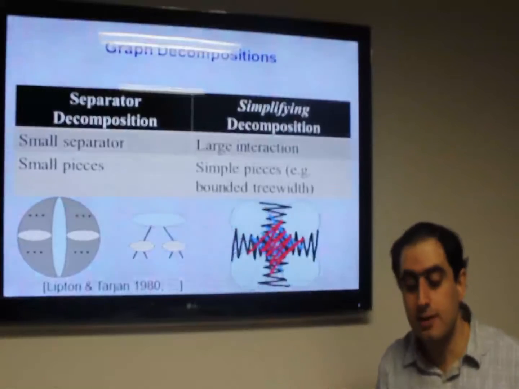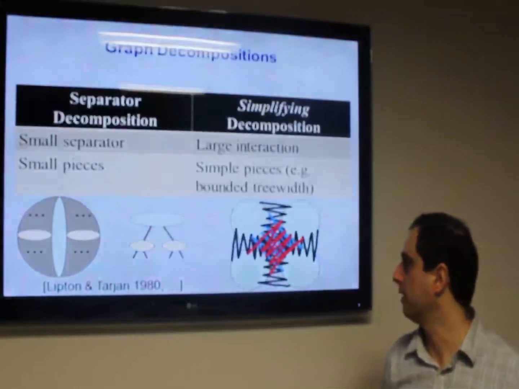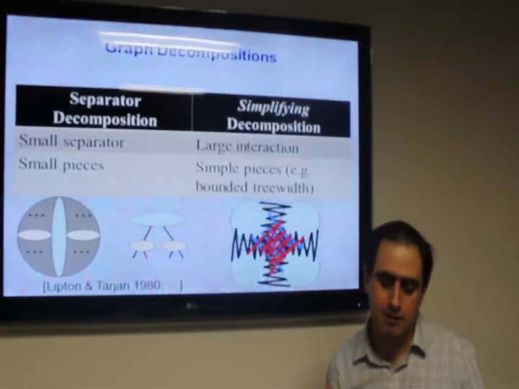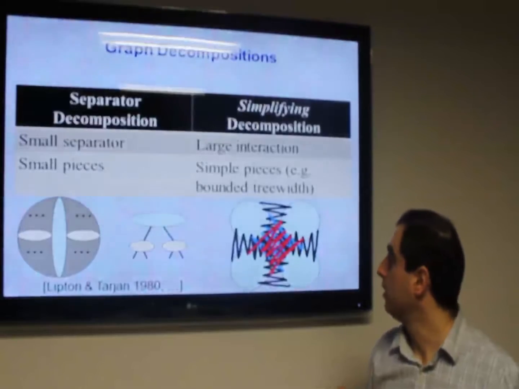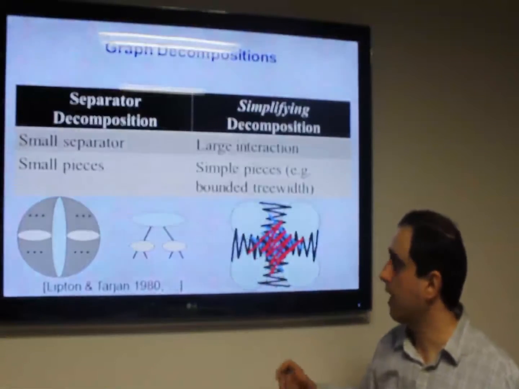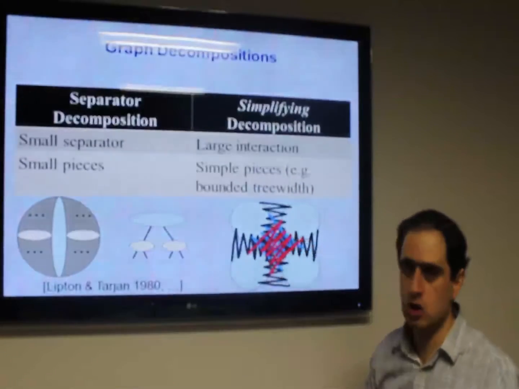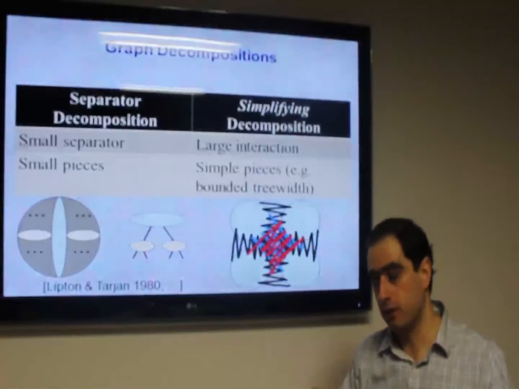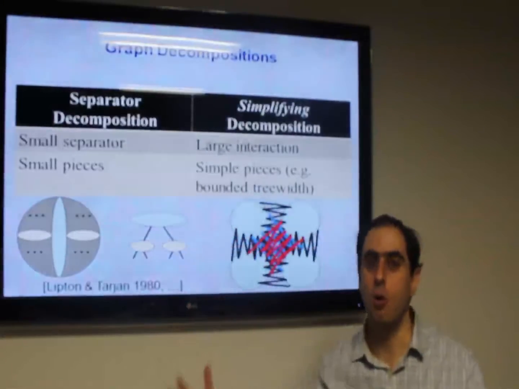These pieces are not necessarily small, but they are algorithmically simple. And I will define the meaning of algorithmically simple later. It means that now we can solve the problem on each of them, and then somehow we can also combine through these large cuts, at least for several problems, to get a solution for the whole graph.